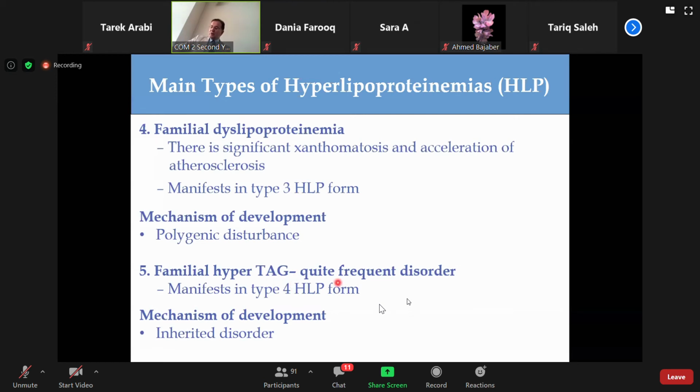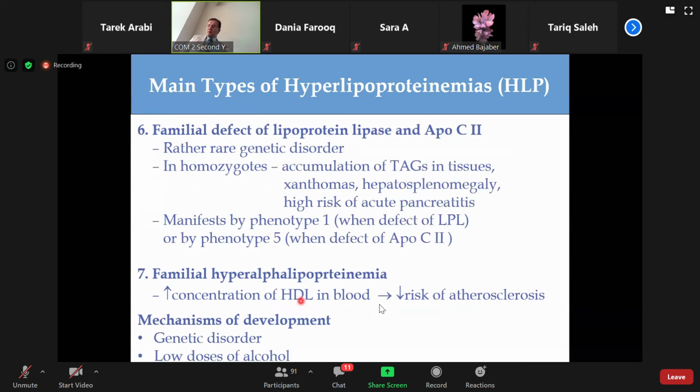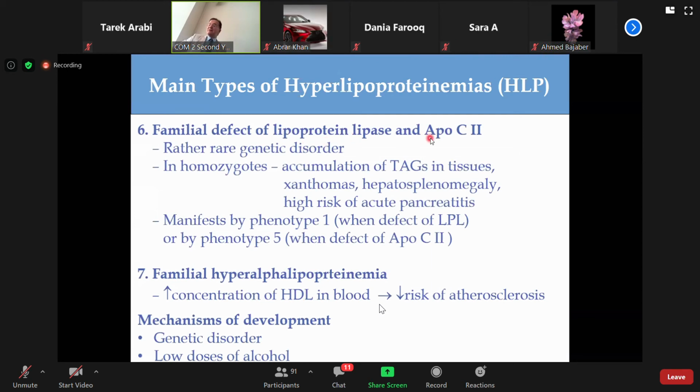We have hypertriacylglycerolemia, which is a quite frequent disorder, and it is an inherited disorder. We have familial defect of lipoprotein lipase and ApoC2. Lipoprotein lipase, when we have a deficiency, which phenotype? I told you, LPL, lipoprotein lipase, should be type 1, and ApoC2 should be phenotype 5.